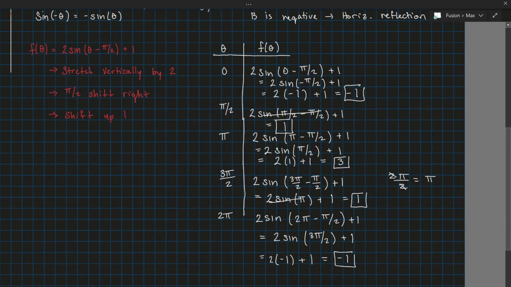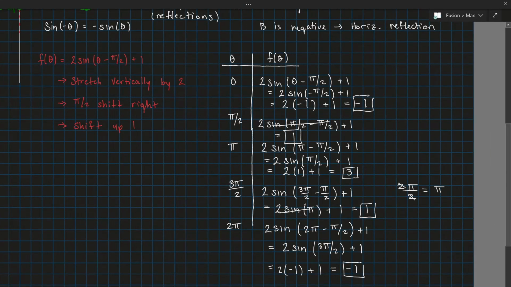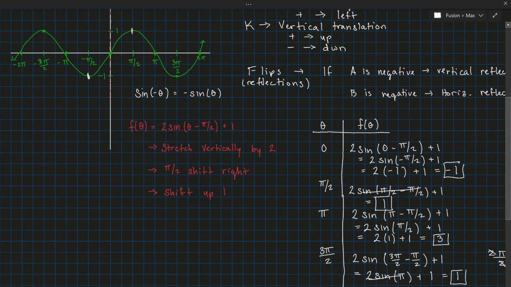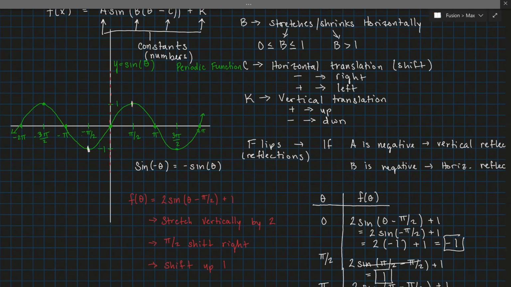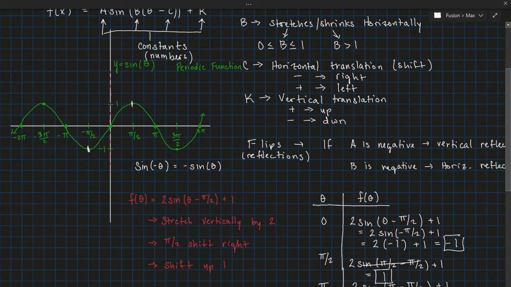Okay, so we got our points now. We have negative 1, 3, 1, negative 1. Let's plot that out. Negative 1, then 3, then 1, then negative 1.